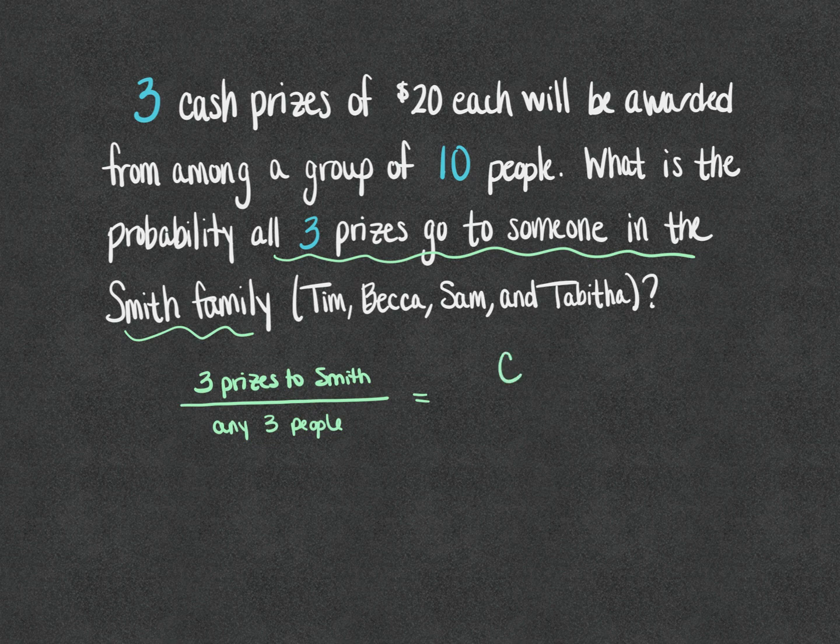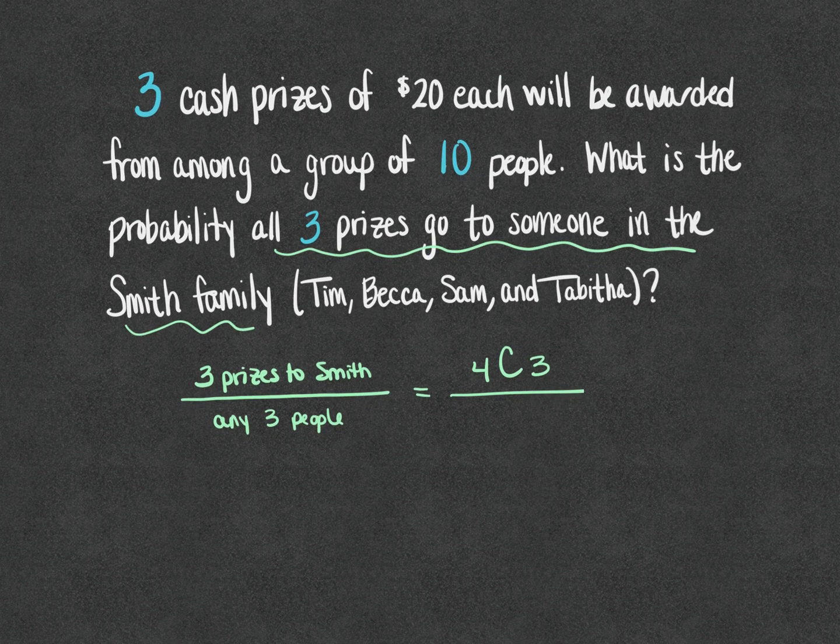Well, knowing we want combinations, how many people are part of the Smith family? Well, 4 of them. And we are going to choose 3 of them to be awarded our $20 cash prizes. Overall, however, there are 10 people, and we are going to be selecting 3 of them to win cash prizes.